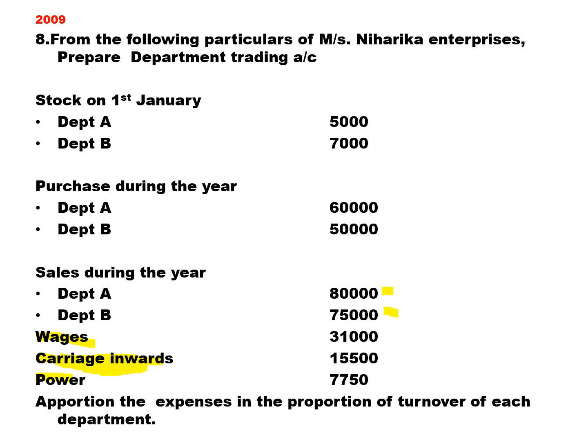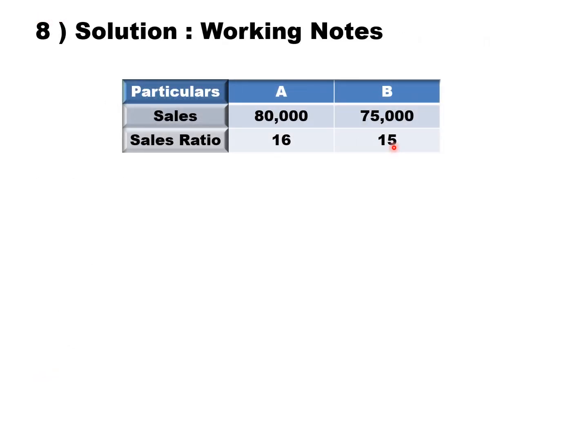So calculate sales ratio first. The sales of Department A is 80,000 and Department B 75,000. So here's the working note of sales ratio, students. 5 15s are 75,000, 5 16s are 80,000. So therefore the ratio will be 16:15.